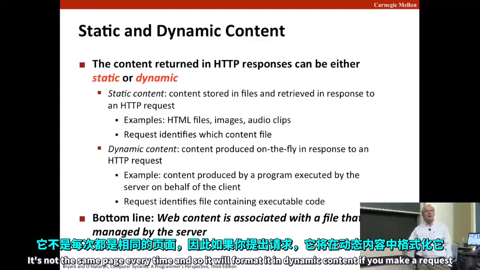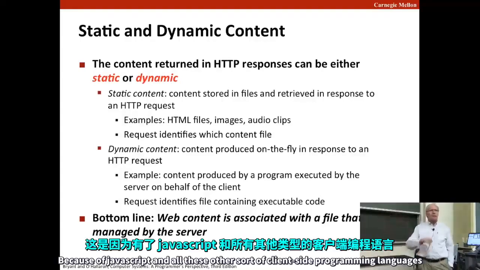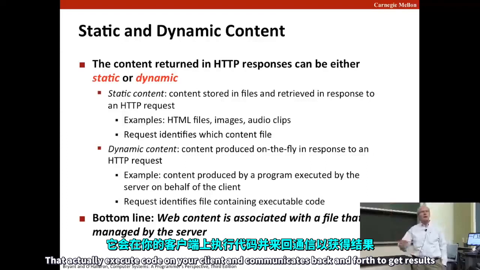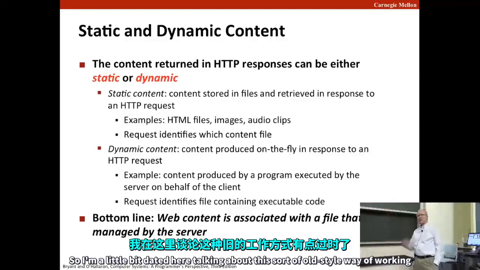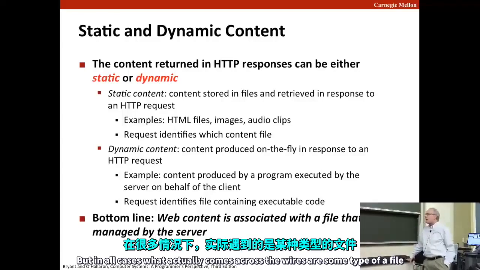And so it will format it in dynamic content if you make a request. Nowadays, it's gotten a lot more complicated because of JavaScript and all these other client-side programming languages that actually execute code on your client and communicate back and forth to get results. So I'm a little bit dated here talking about this old-style way of working. But in all cases, what actually comes across the wires are some type of a file.